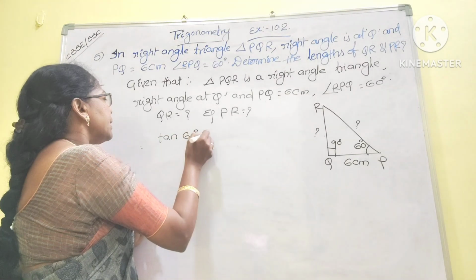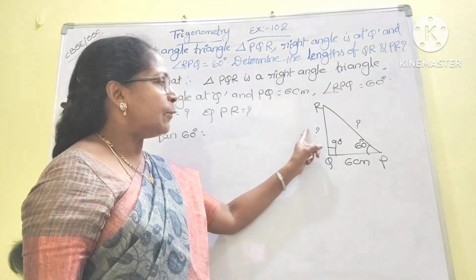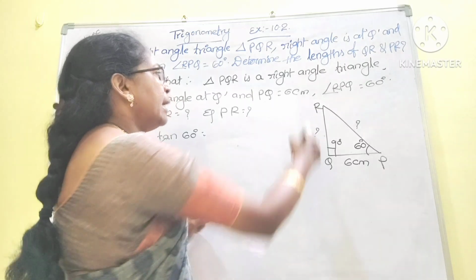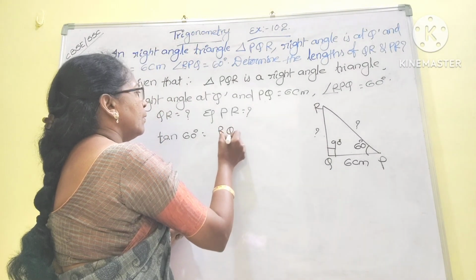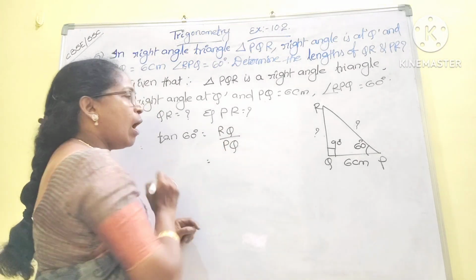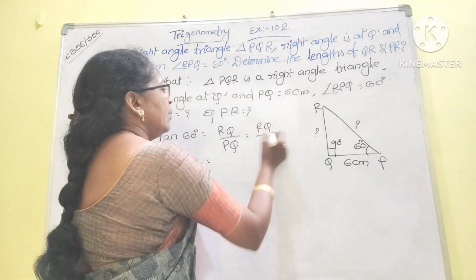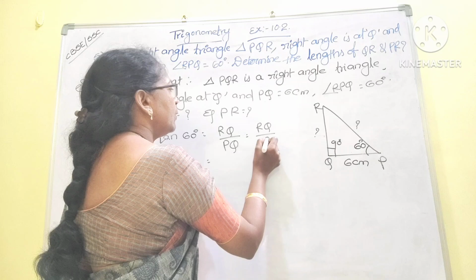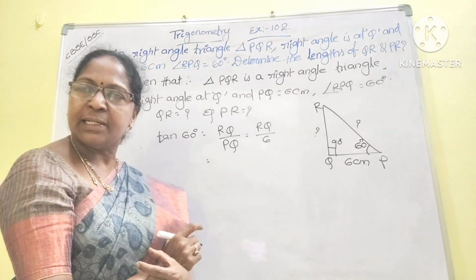tan 60 degrees, where tan theta equals opposite side by adjacent side, that equals RQ by PQ. RQ we don't know, just write it, divided by PQ equal to 6 centimeters. Now tan 60 degrees equals how much?